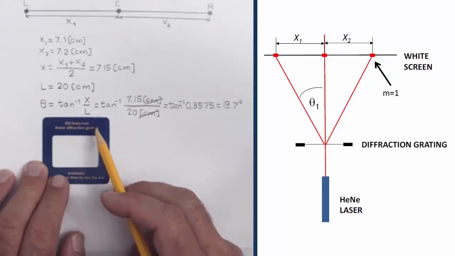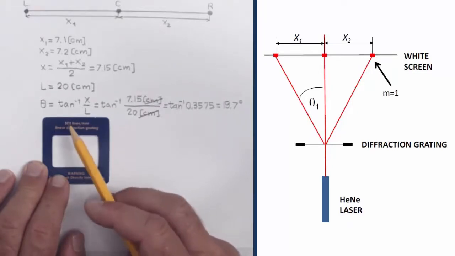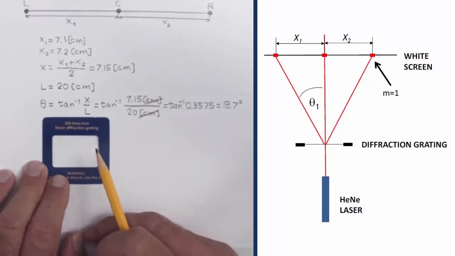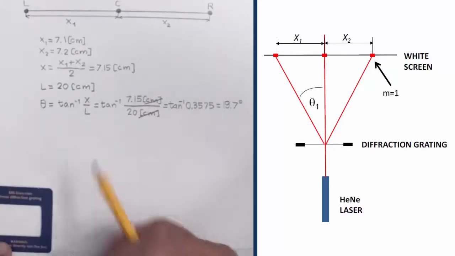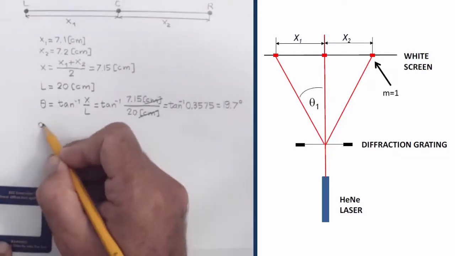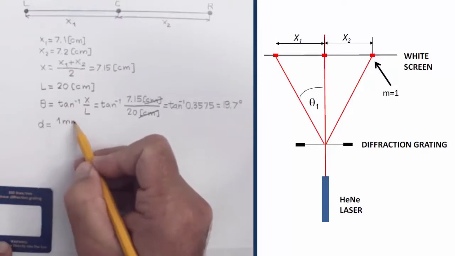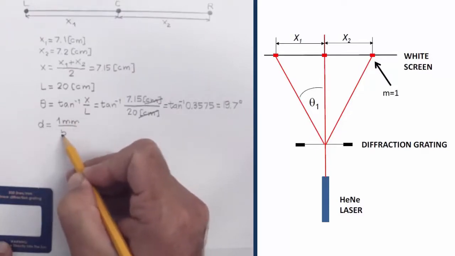If we have a total of 500 lines in a millimeter, it just takes the following calculation. You would want to take a total length of 1 millimeter and divide it by 500 to come up with the distance between the two slits or two lines in your diffraction grating. So my D, or distance between the two neighboring lines, is going to be equal to 1 millimeter over a total of 500 lines.